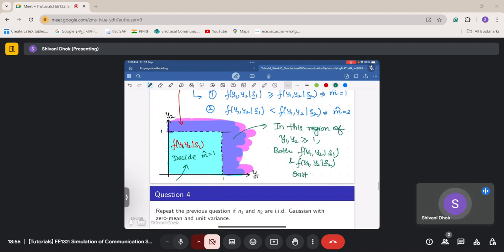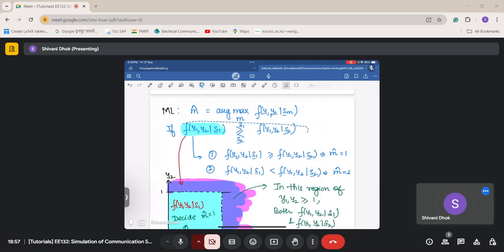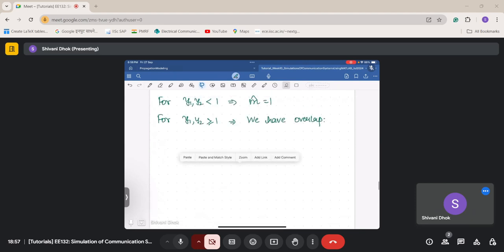And now we need to figure out what happens in the overlapping region. For y1 y2 less than 1, m hat equal to 1, and now for y1 y2 greater than or equal to 1, we have an overlap, and therefore we'll use this equation. What was this?